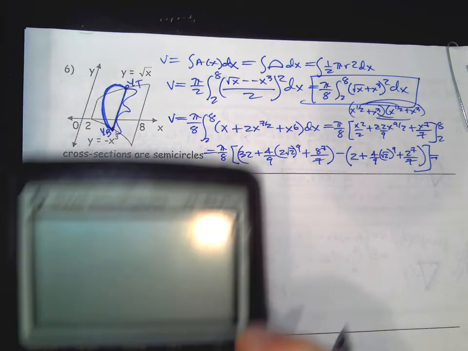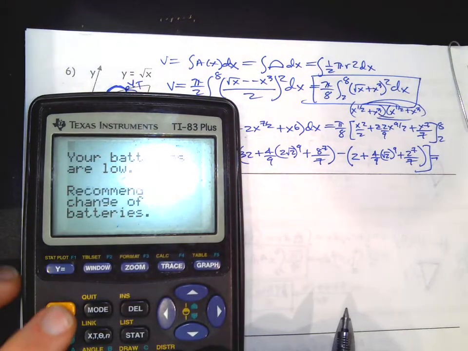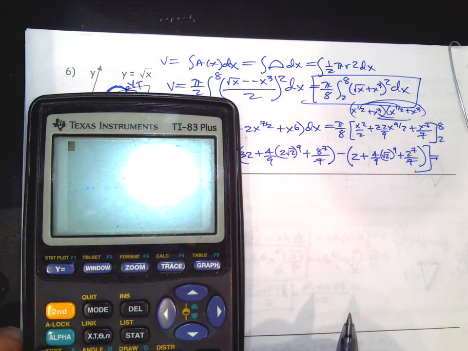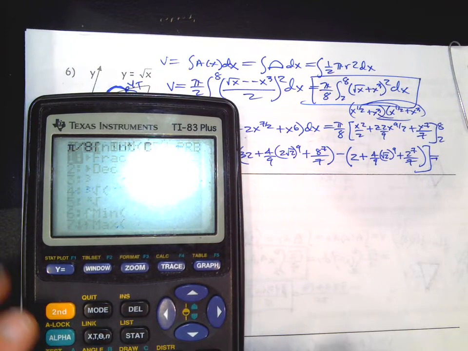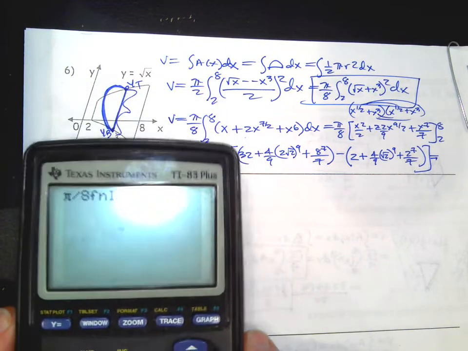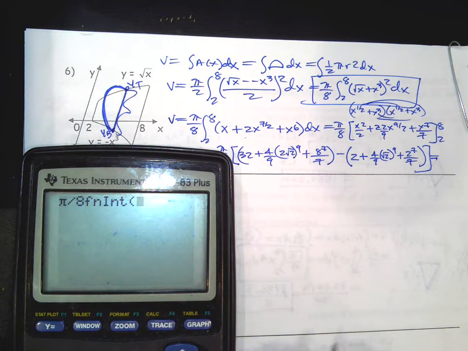All right. So on our calculator, pi over 8, math 9, parentheses, extra parentheses, square root of x, close parentheses and square root, plus x to the 3rd, close parentheses on all of that.